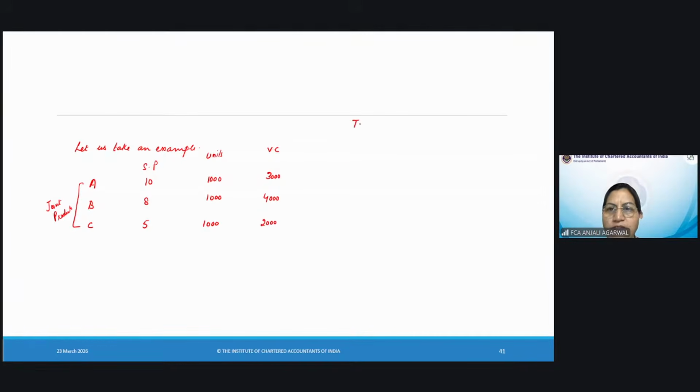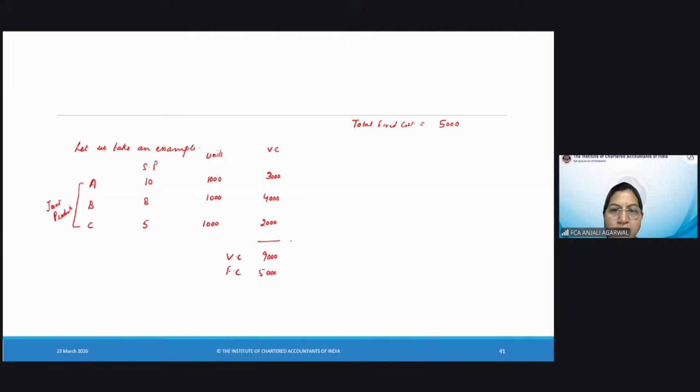And there are total fixed costs also of 5,000. So a total joint cost of 4 and 3, 7, 9,000, and 5,000 is the variable cost, and fixed cost is 5,000.